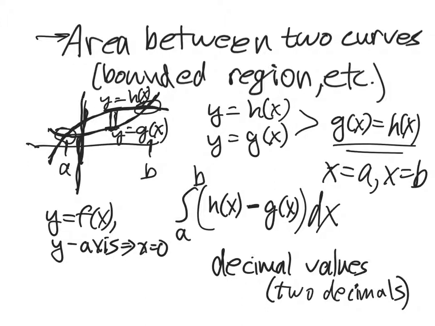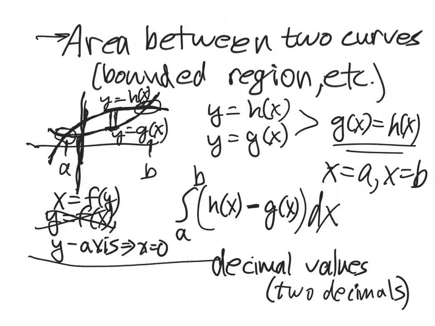So really, in that case, it's a little bit easier. Well, actually, in that case, I've set it up wrong. If it's the y-axis, it would probably be given to you as x equals some function of y.